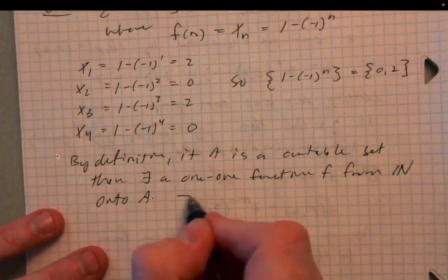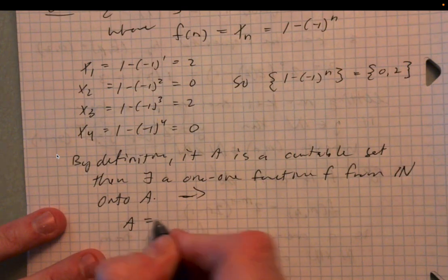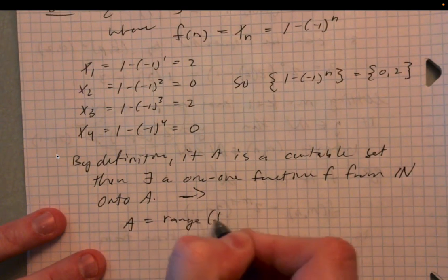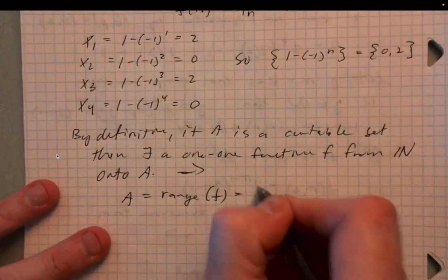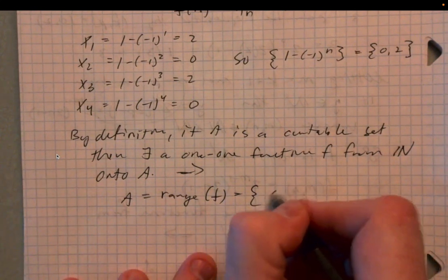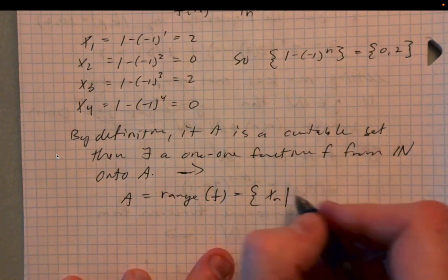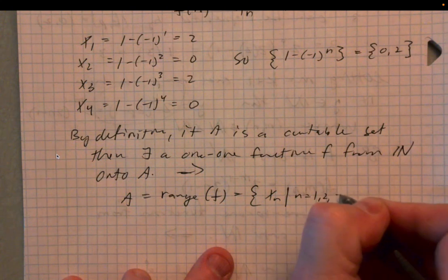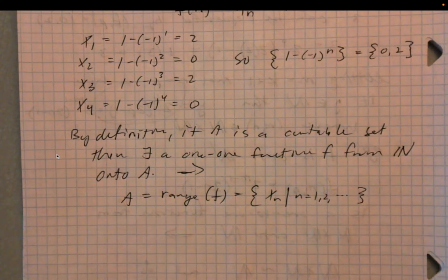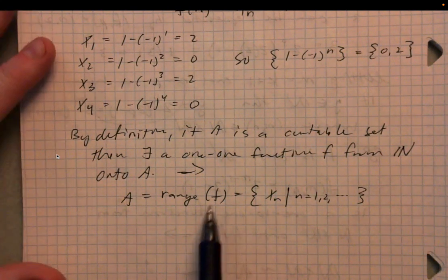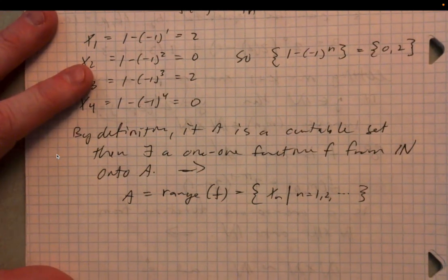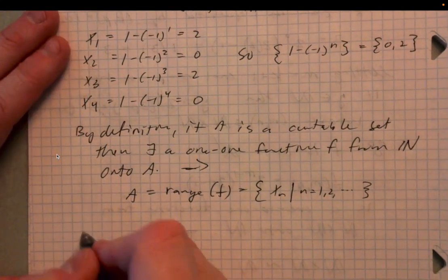And so what does that mean? Well, then A would equal the range of f, which we could say is x sub n such that n is equal to 1, 2, and so on, the natural numbers. This sequence f is called an enumeration of the set A.